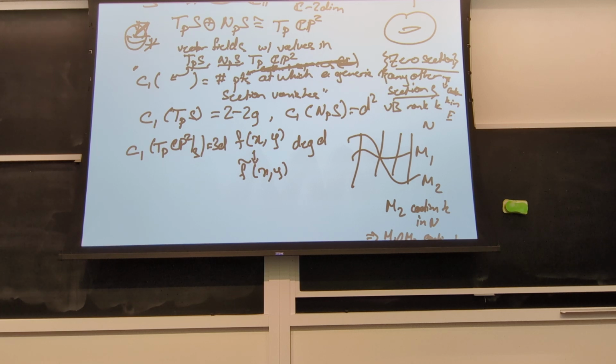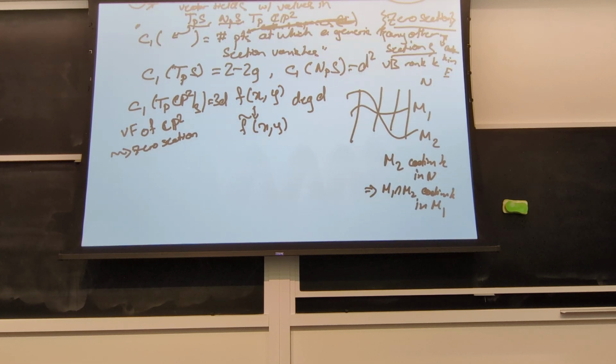The reason for this is you can show that if you take a vector field of CP2, then the zero section will turn out to be codimension 1, and this is a degree 3 hypersurface.